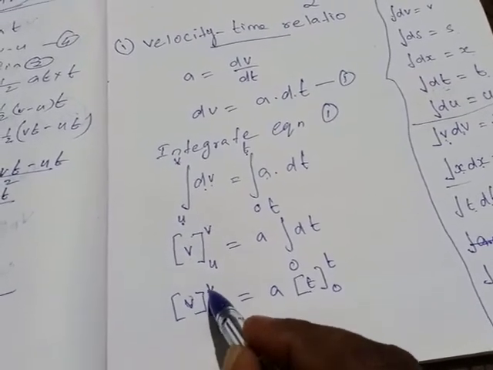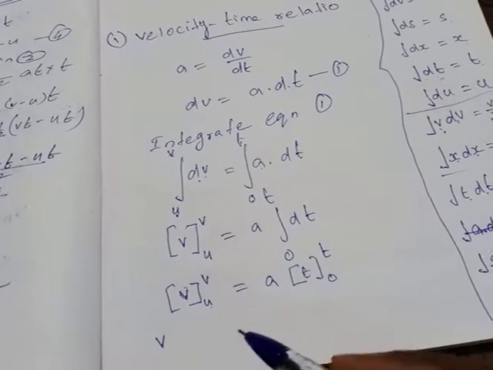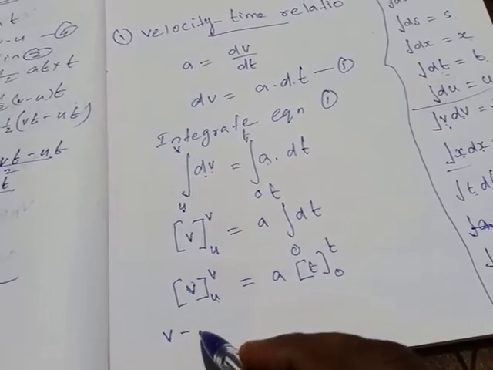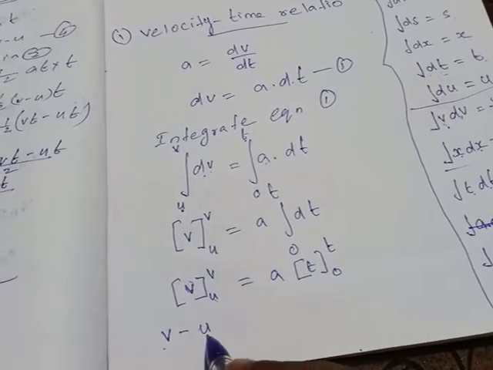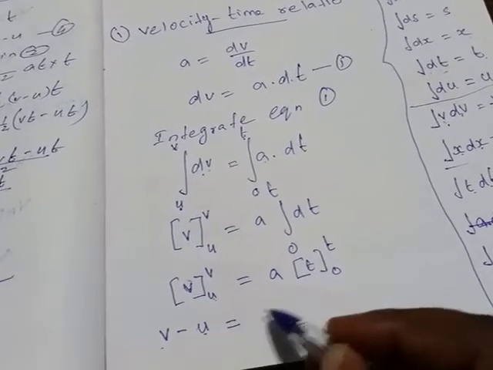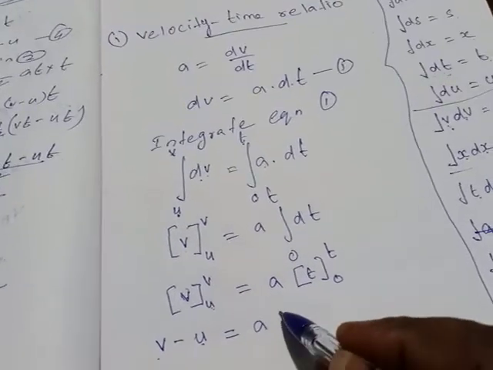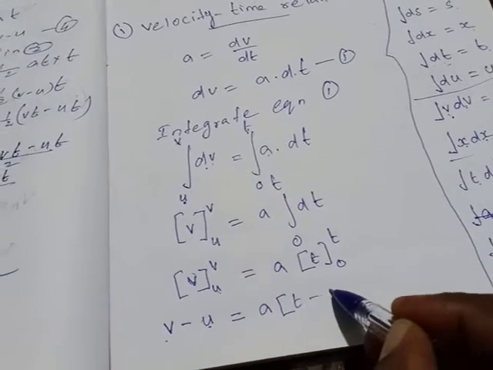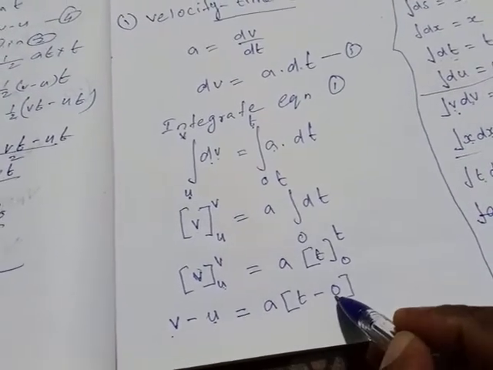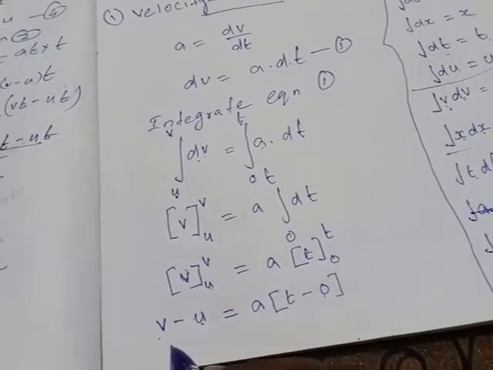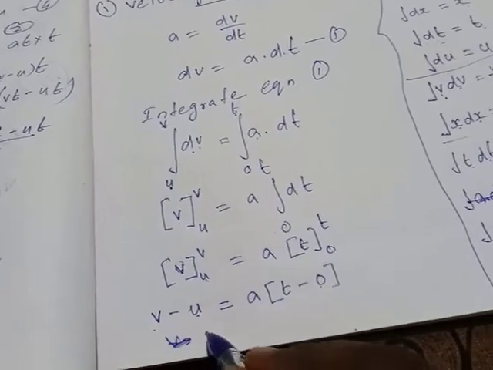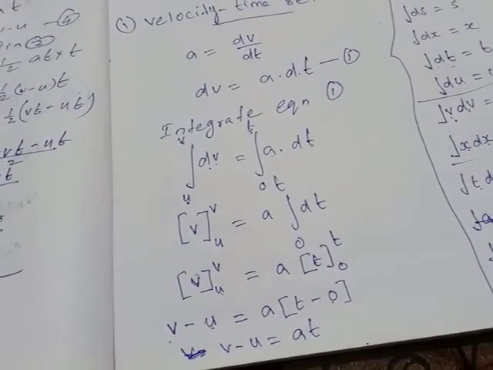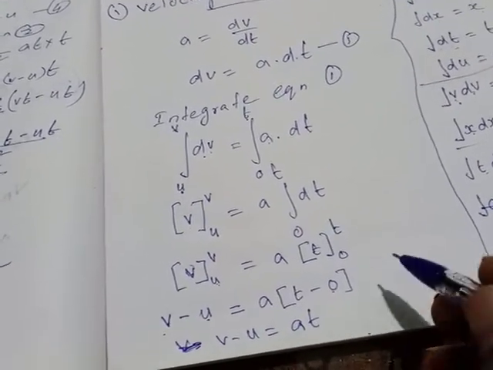Instead of this v, we get v, the upper limit, minus the lower limit u, equal to a, which is constant, times t, upper limit t minus lower limit 0. So v minus u is equal to at minus 0, and that zero is not needed.